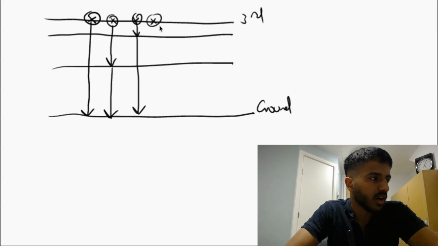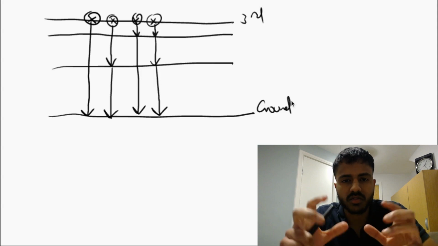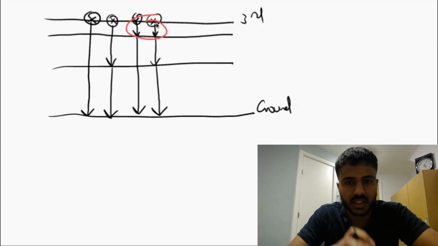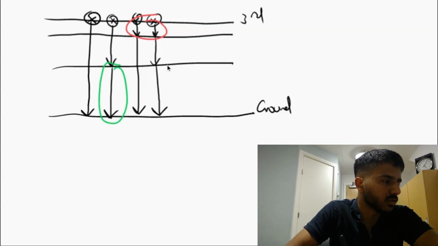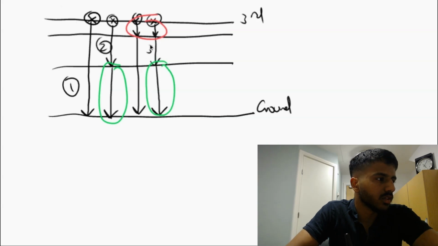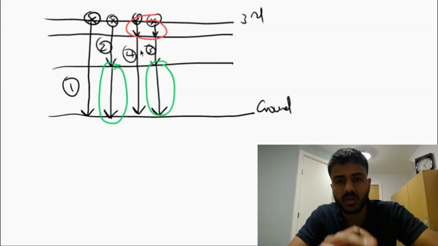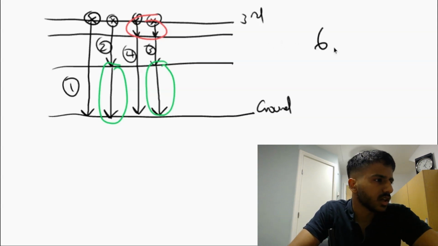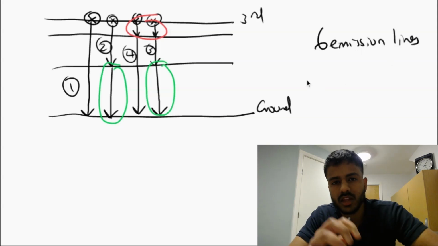It can go from the third to the second energy level, and then to the first, and then to the ground. So the number of lines are governed by the number of different energies of photons released. We can see here that these two de-excitations will give the same line on the screen, and so do these two. And then there are another 1, 2, 3, 4 different paths that this photon can take. Therefore, there will be 6 emission lines on the emission spectrum.